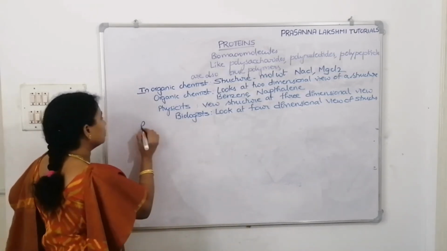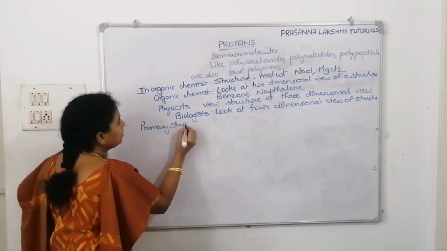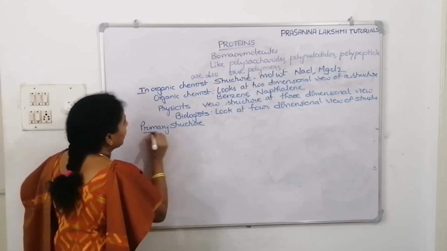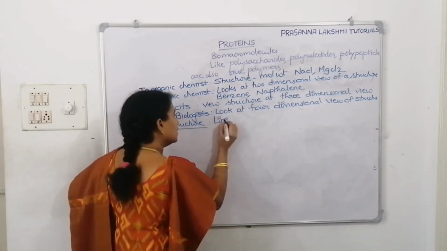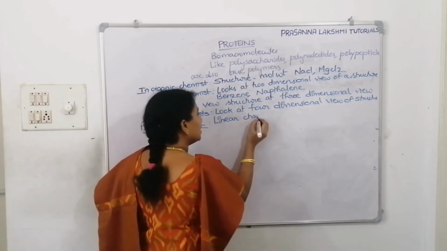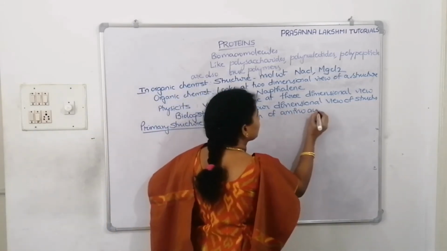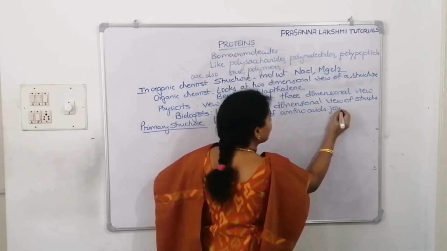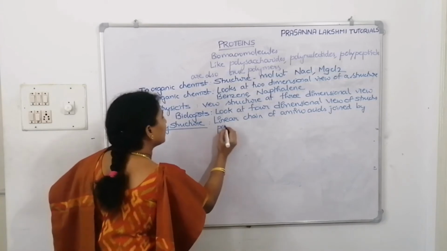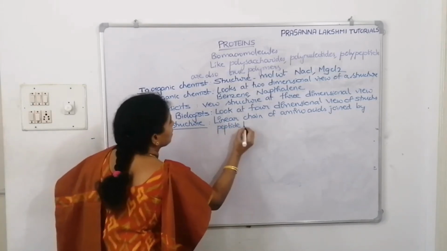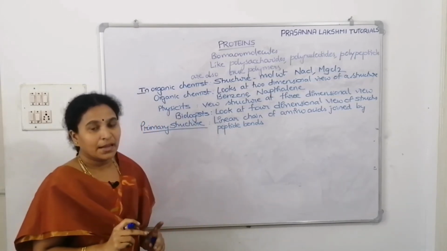When we talk about the primary structure of a protein, it is nothing but a linear chain of amino acids, joined by peptide bonds.